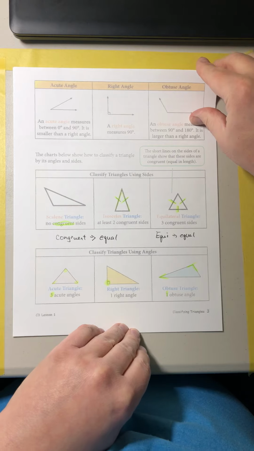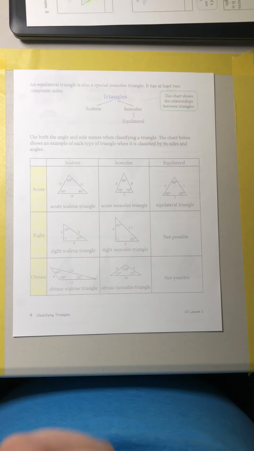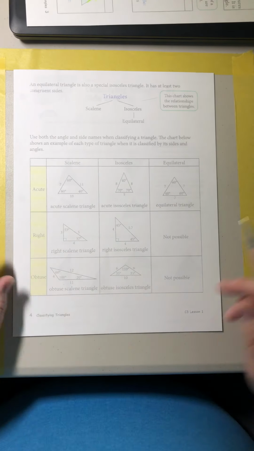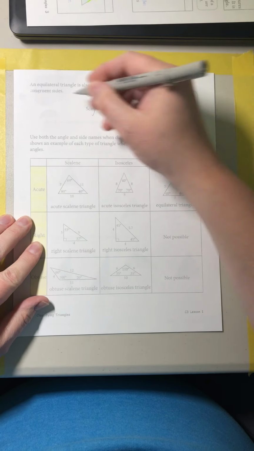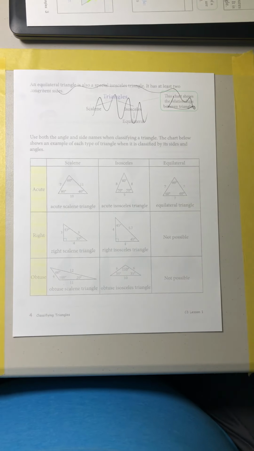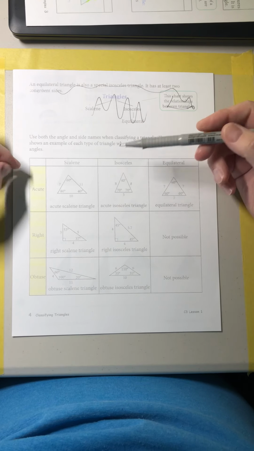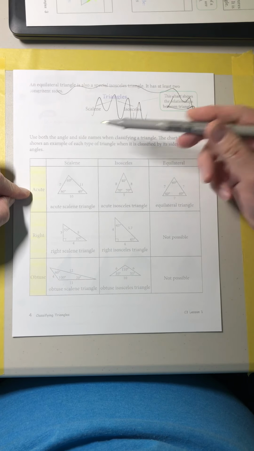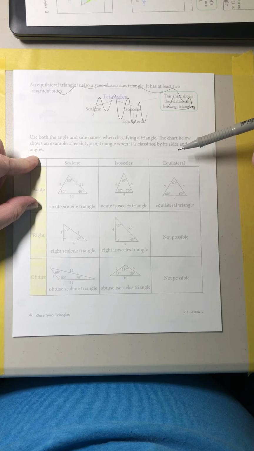This next page is included in your booklet as well, and the colors are much better because I had to change my printer ribbon. What I would like you to do is disregard this top part here. I don't want it to confuse you. What we're going to be looking at here is whether scalene, isosceles, or equilateral can be an acute triangle as well.